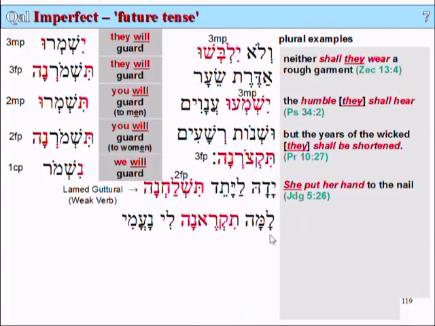Okay, this example: lama tikrana li Naami. Lama means why. Tikrana: kara, the root here, qof resh aleph, means call, and tikrana means you will call, and li means to me, Naami.